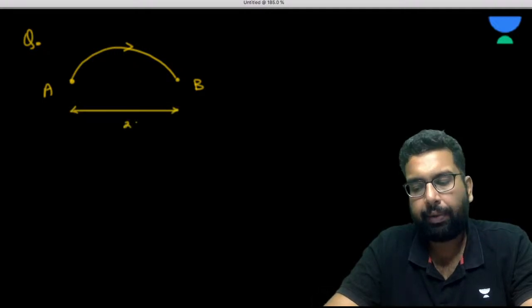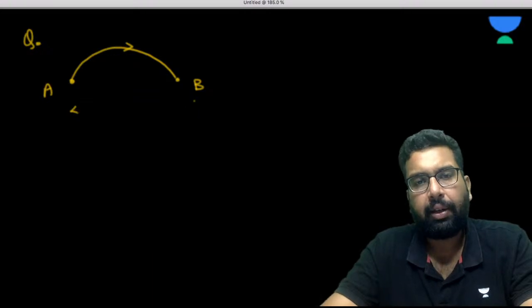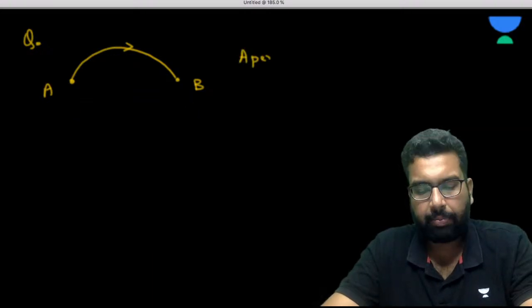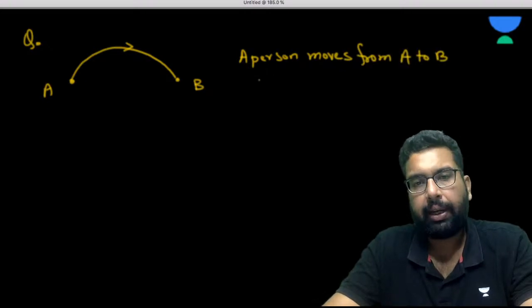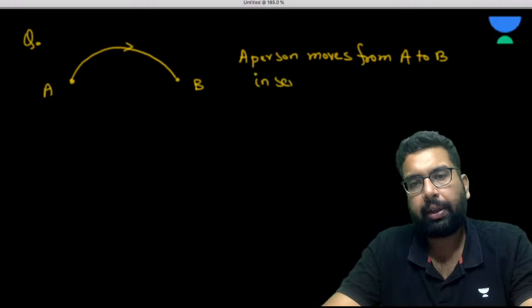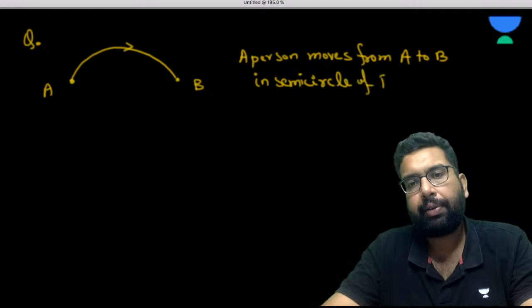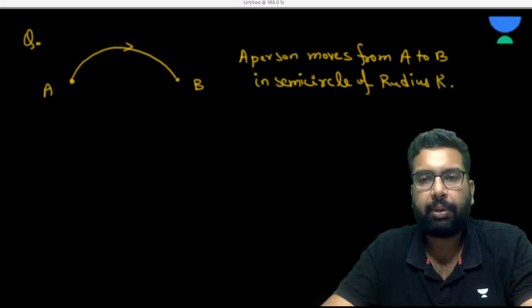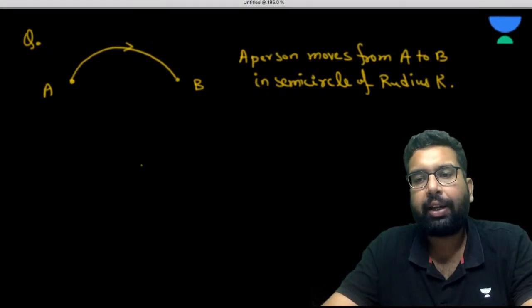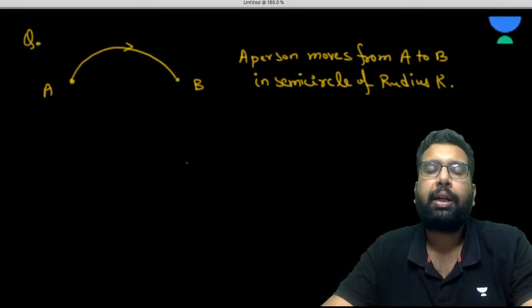A person moves from A to B in a semicircle of radius R. What is the distance and what is the displacement in this case?